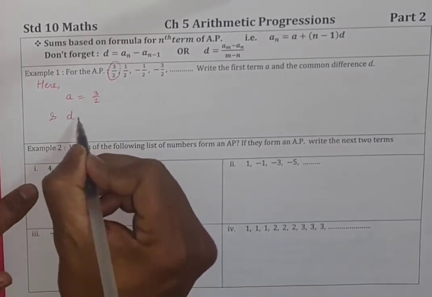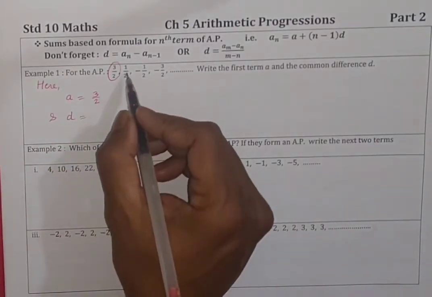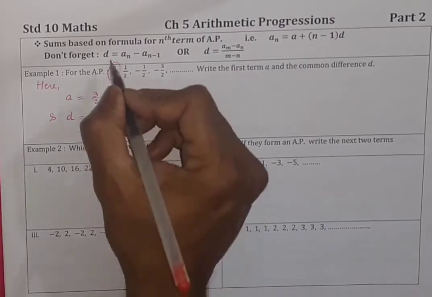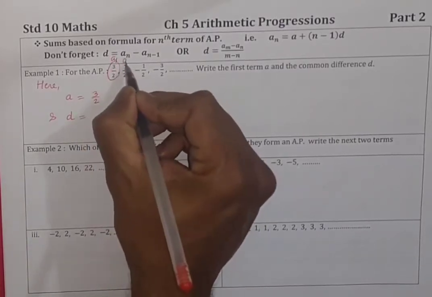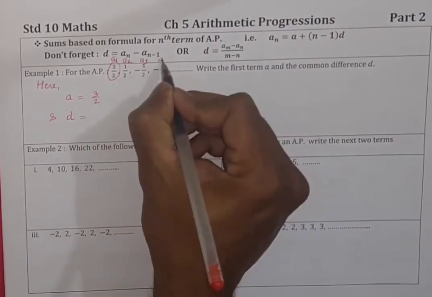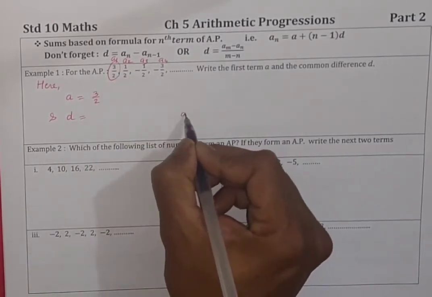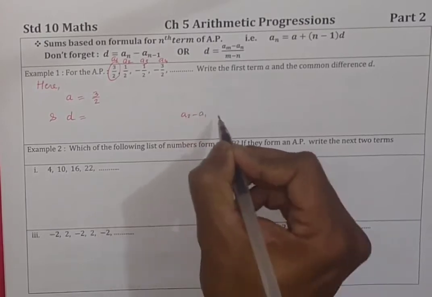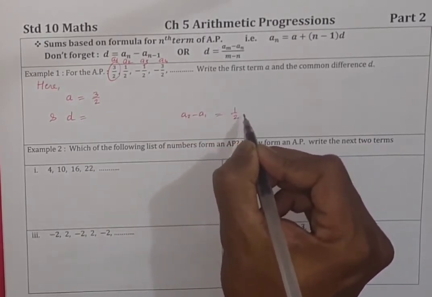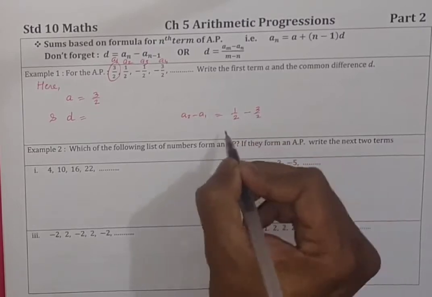And common difference D will be what, children? Take any term. This is first term A1, A2, A3, A4. We'll take A2 minus A1. That is 1 upon 2 minus 3 upon 2.